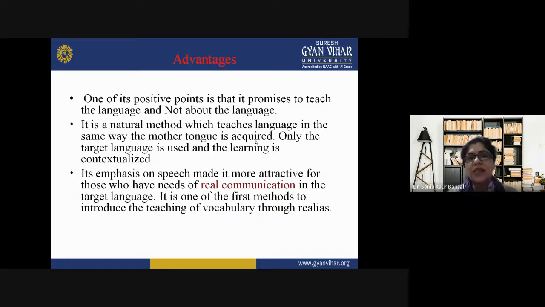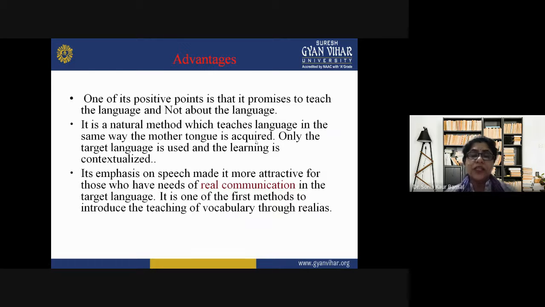But is the essay written in direct language, or are you speaking about the idea? That is more important. So, language learning is acquiring mastery over the language skills, which are listening, speaking, reading, and writing. So, that's why it is said that it is teaching the language, not about the language.